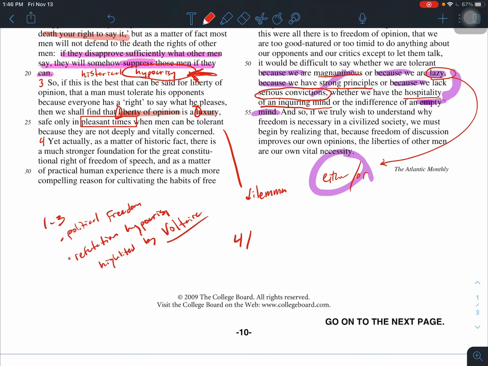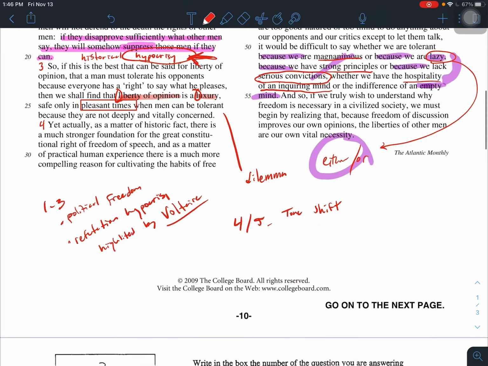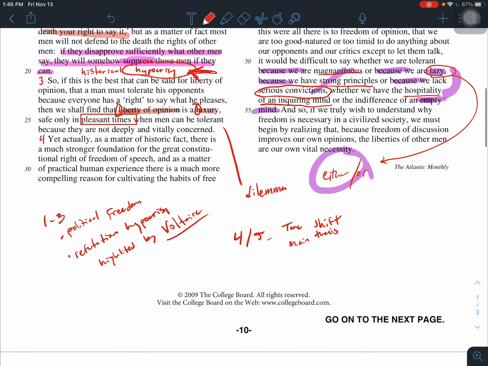Beginning with paragraph 4, though, 4 and 5, we have that tone shift. We've got his main thesis. And then we have the supports of that.